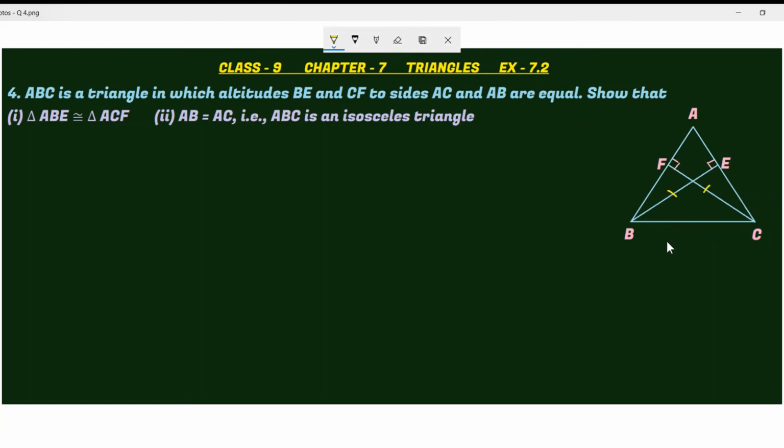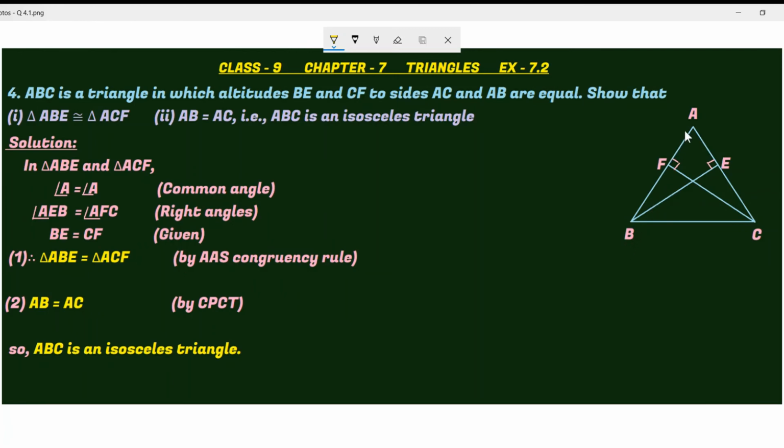We need to prove these two triangles ABE and ACF are congruent and AB is equivalent to AC. That means we need to prove the given triangle ABC is an isosceles triangle. Let's prove by writing the steps.